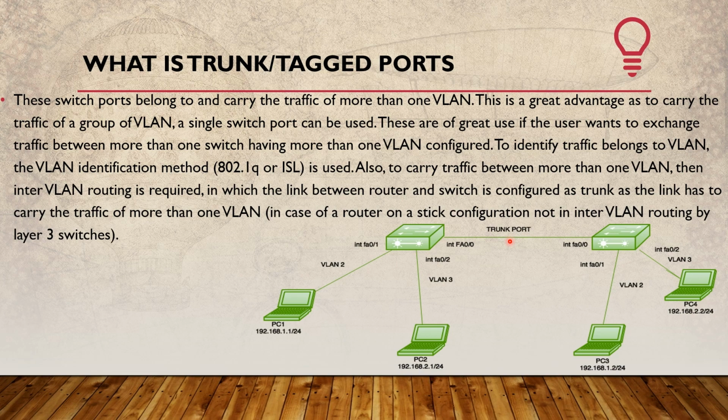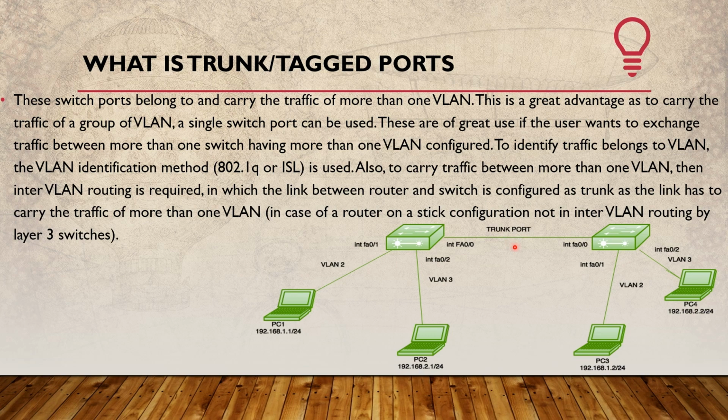This is a great advantage, as we can carry the traffic of a group of VLANs on a single switch port. If you want to communicate between two different switches with different VLANs, then trunk ports need to be configured between the two switches.